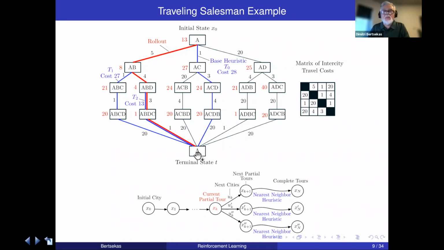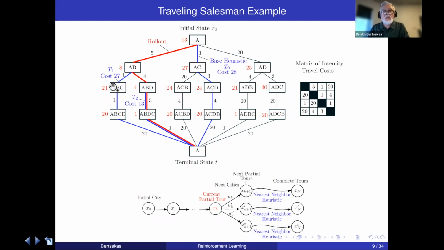To formulate this problem, we did this last time. We have to introduce states, and the states are partial tours. So the initial state is city A. Partial tours of length 2 starting with A are AB, obtained by visiting city B from A, AC, and AD.